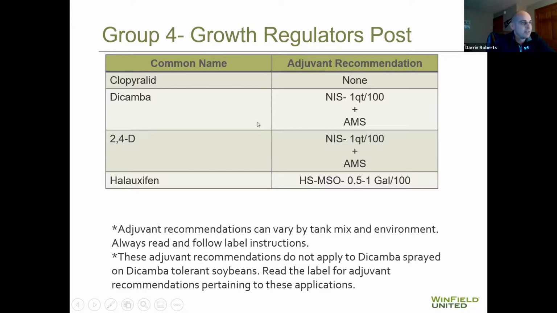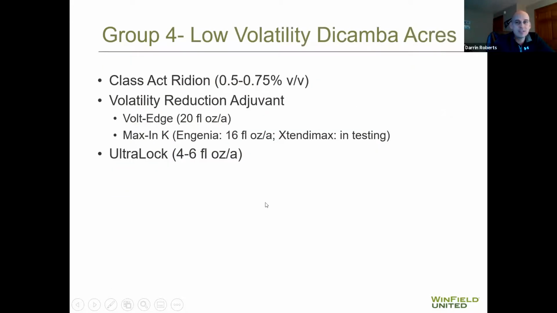Okay. So I will point out there is definitely a difference here between those products and when we get into our low volatility products like your Extendimax, your Engenia, your Tavium. There's different adjuvant recommendations for the low volatility products that are used in season on soybeans.